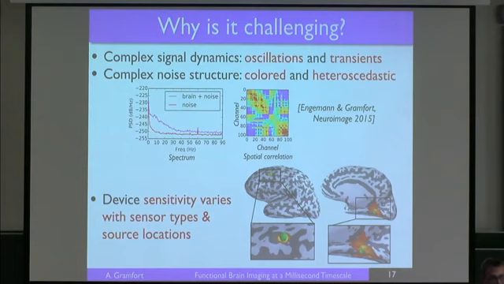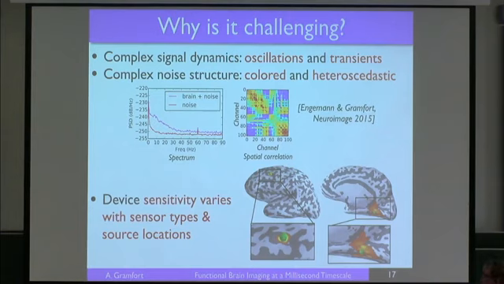Now if you look at the noise at the level of the sensors, over time, you see that the noise is very strongly colored. What you see here in red is the noise property. This is the power spectrum density of the noise over the sensor. If you have the additive white Gaussian noise that we all like to assume, you would have a flat line. Here you have this kind of 1/f pattern.